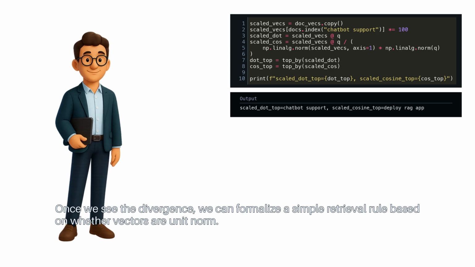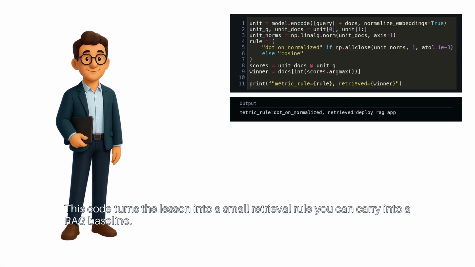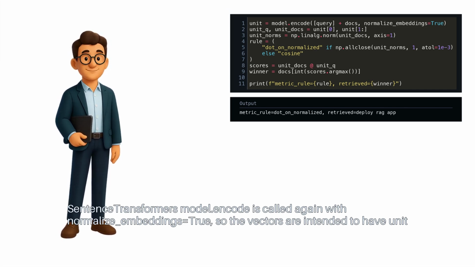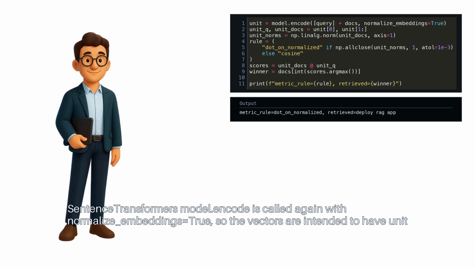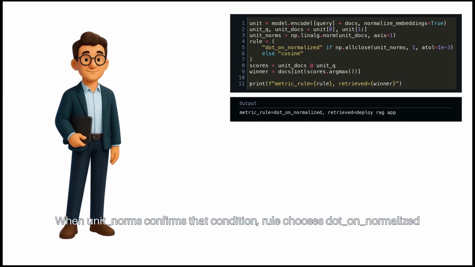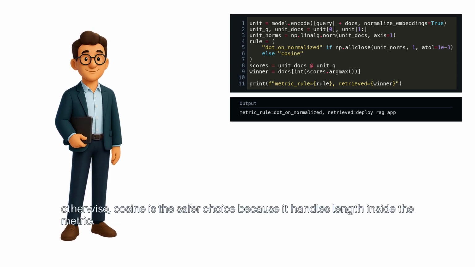Once we see the divergence, we can formalize a simple retrieval rule based on whether vectors are unit norm. This code turns the lesson into a small retrieval rule you can carry into a RAG baseline. SentenceTransformers model.encode is called again with normalize_embeddings=True. So the vectors are intended to have unit length before scoring. When unit_norms confirms that condition, the rule chooses dot on normalized.